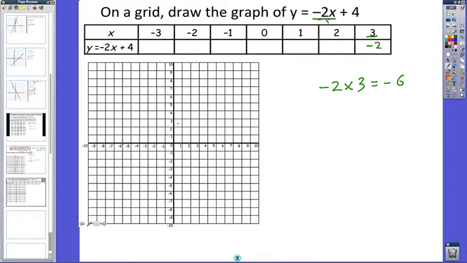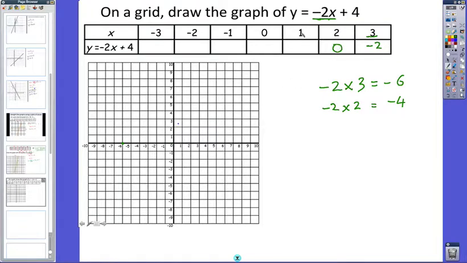When your x is 2, you've got minus 2 times 2, which is minus 4. If you're at minus 4 and you're adding 4, remember go to the right. So 1, 2, 3, 4 steps to the right, and you're going to reach 0.